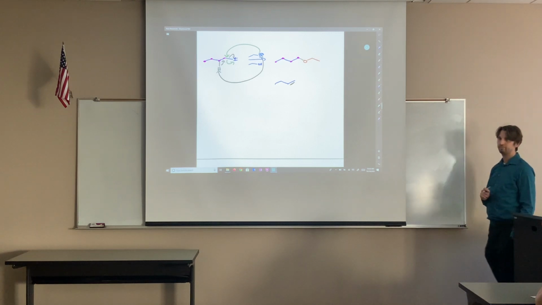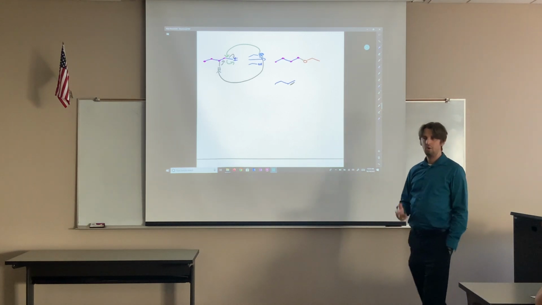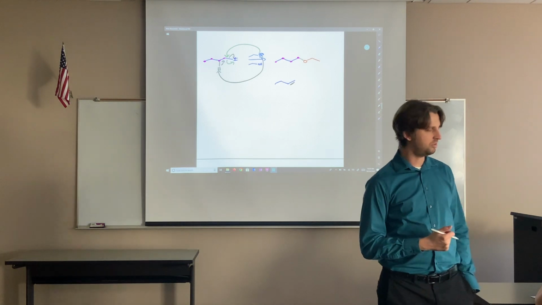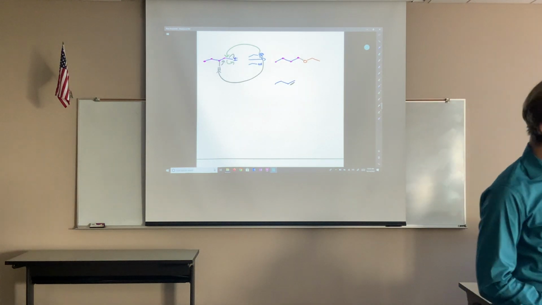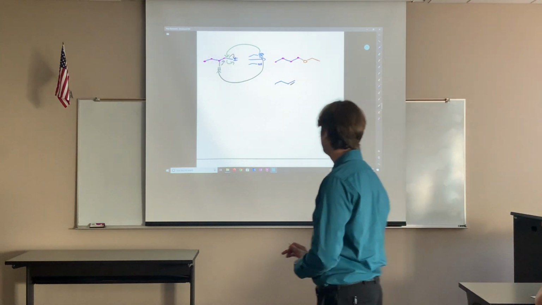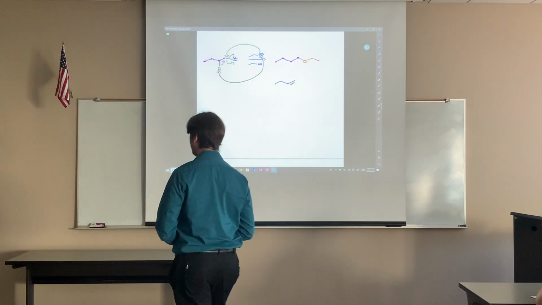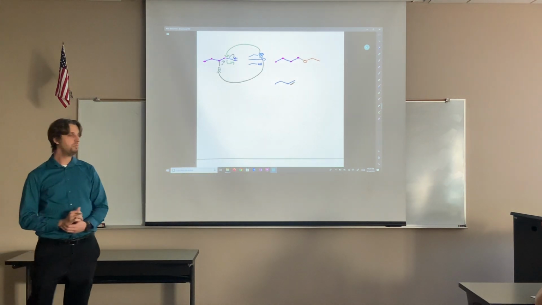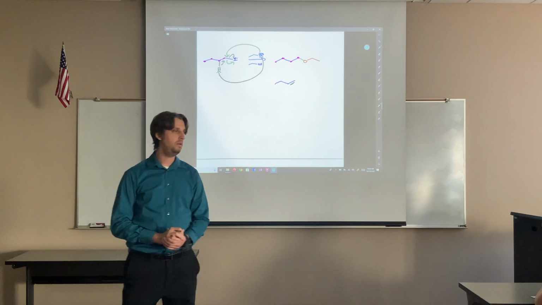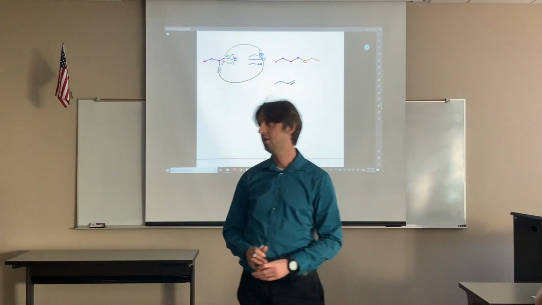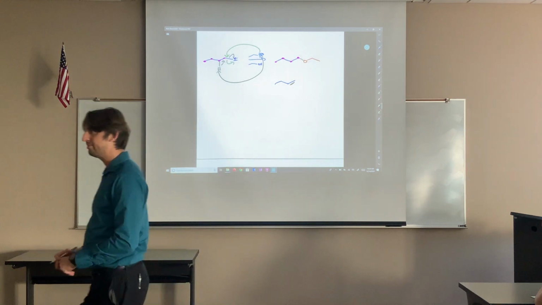Good. Why might an E2 not be favored? Well, we're not making a great alkene. I've got one of these terminal alkenes, that's not all that great. But we won't be doing an E1 or an SN1 at all. So now our choice is just SN2 or E2, and SN2 is going to win. Good?